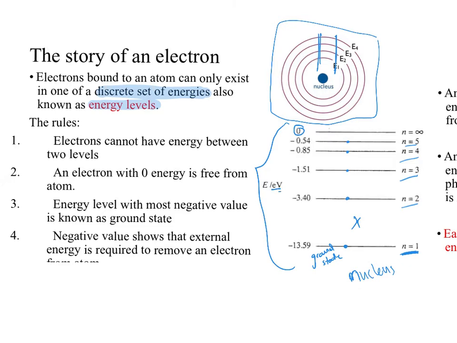And you can see the values are written in electron volts, and they're all negative. Now, the fact that they're negative shows that you need to provide the atom with external energy in order to remove the electron from the atom. So that's why they're all negative. So obviously, the further away from the nucleus, the less energy will need to be provided for that specific electron to be fully released.